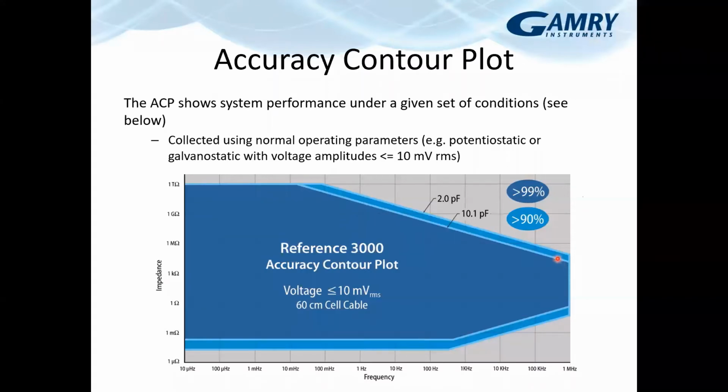You'll note this is capped at 1 megahertz, which for this system is the highest frequency limit. A lot of times you'll see systems with higher and higher frequencies, but if they ignore the cell cable, then when you put it on, this does disappear, and eventually it gives vanishingly small results, to the point that you cannot make an accurate measurement at very high frequencies.